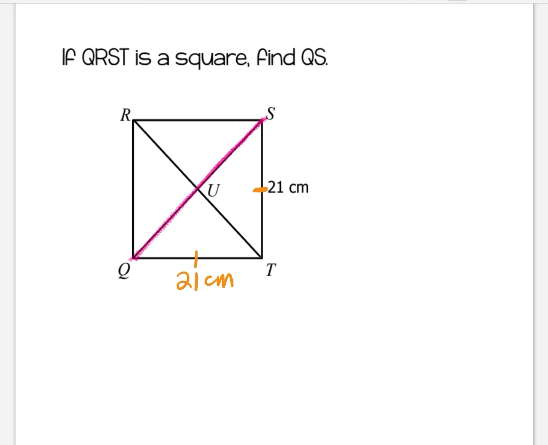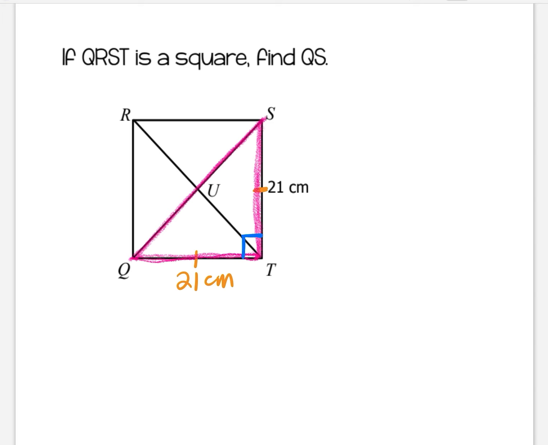So in this case, we are going to focus on one triangle. And that triangle is this whole triangle right here. Half of the square. And half of a square is considered a right triangle.